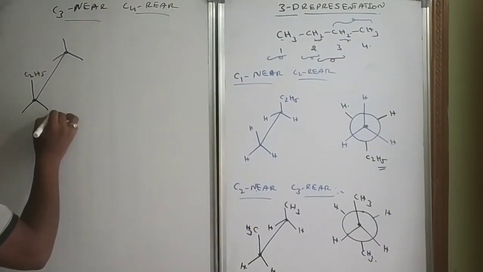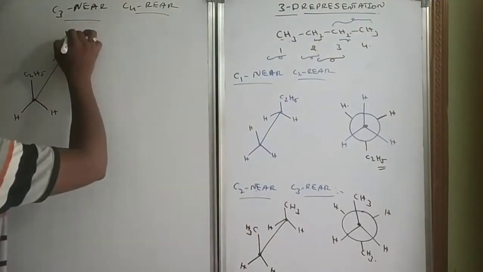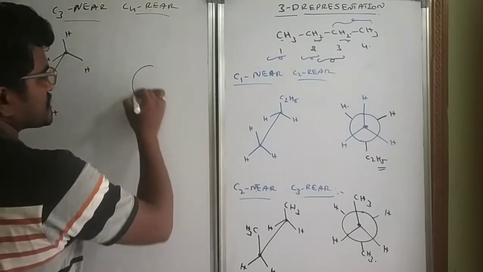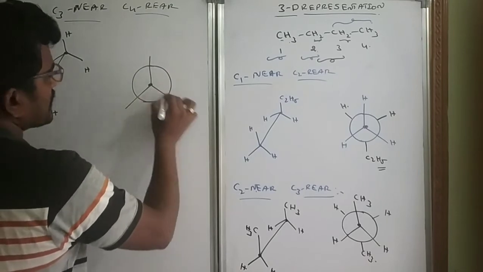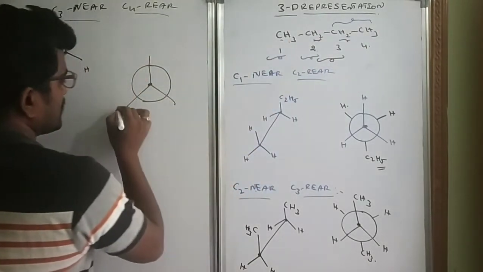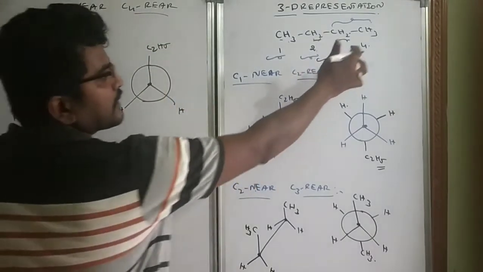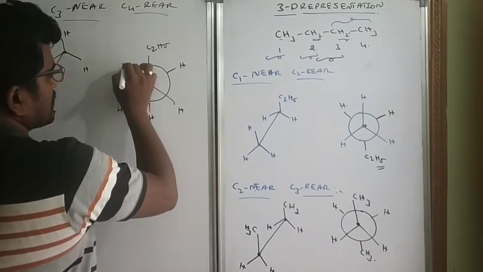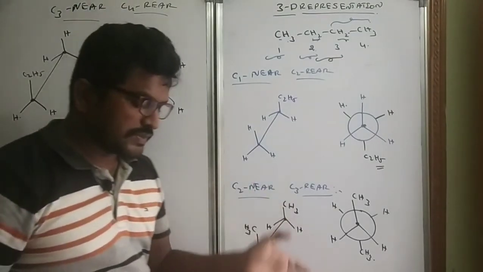So C2H5, H, H. C4 has 3 hydrogens, so H, H, H. Coming to the Newman projection, rear carbon, near carbon. The near carbon is C3. So C3 has 2 hydrogens and 1 ethyl: H, H, C2H5. C4 has 3 hydrogens: H, H, H will come. Like this, we can write the structures for different compounds.